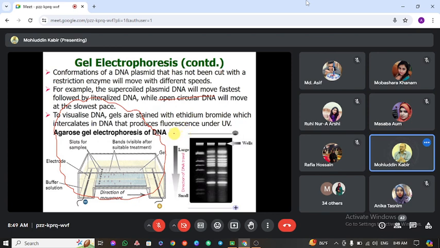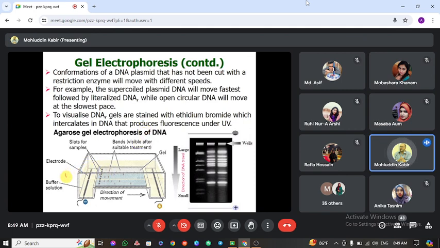So the conformation of the DNA affects the rate of migration besides its size.